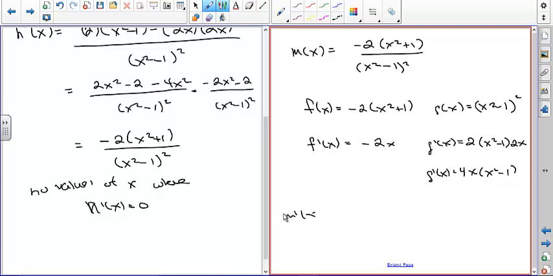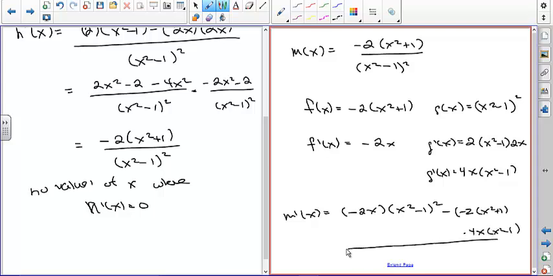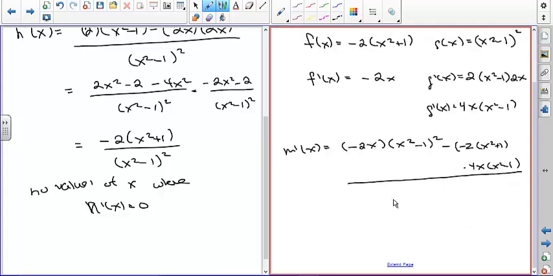So I'll call this m prime of x, which is going to be equal to f prime of x times g of x minus f of x times g prime of x, all divided by g of x squared.